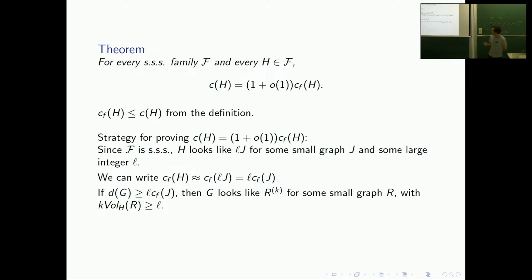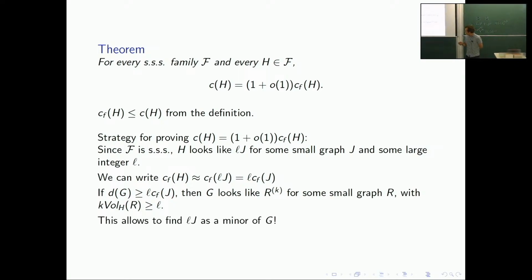And in particular, K times the H volume of R will be greater than or equal to this coefficient L. And we will see that this expression here allows us to find L times G as a minor of G. And this graph that we find as a minor looks like the graph that we're looking for. So, done.